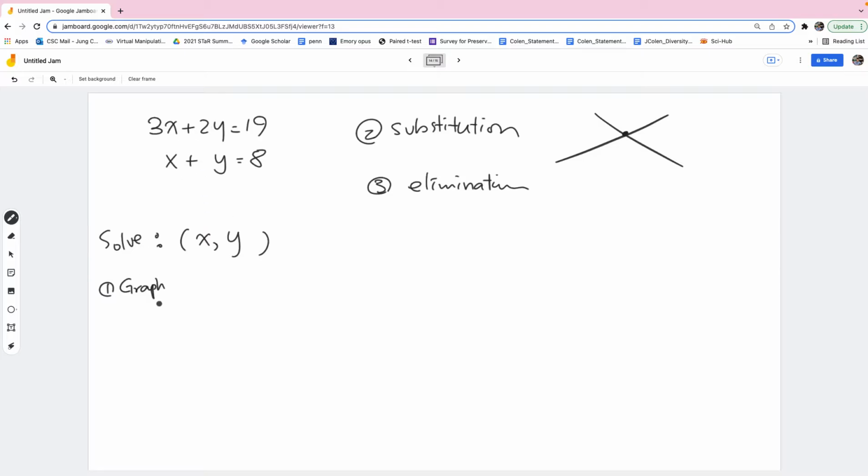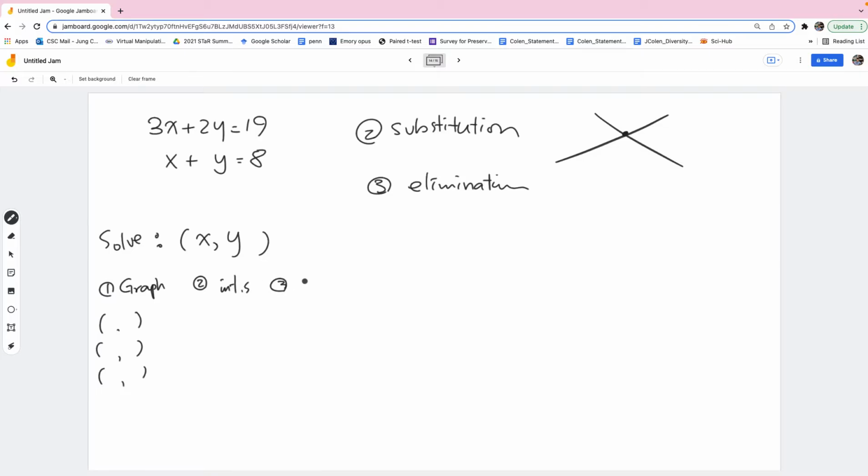So if you use graph, you can solve this for y, or I told you how to graph, right? Three different ways. Either you can find the ordered pairs and plot them and draw the graphs and find the intersecting point, or you can use x-intercept and y-intercept and draw the graph, so intercepts.